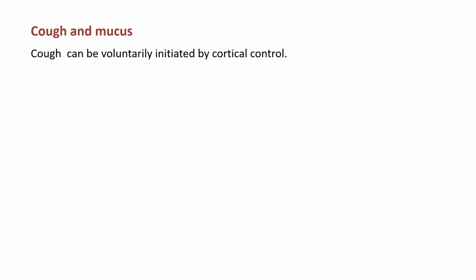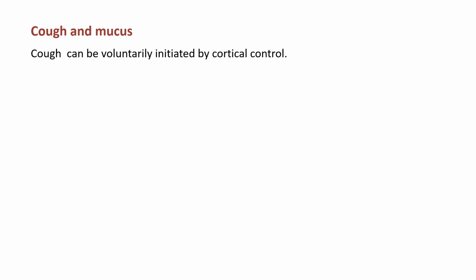Which brings us on to our next most obvious symptom, cough, but also mucus, because you can't really separate the two. Obviously, you may get dry coughs, but generally, if we're talking about an infective cause, you end up getting cough and mucus, or any long-term condition. So, of course, we can cough, we can make ourselves cough.